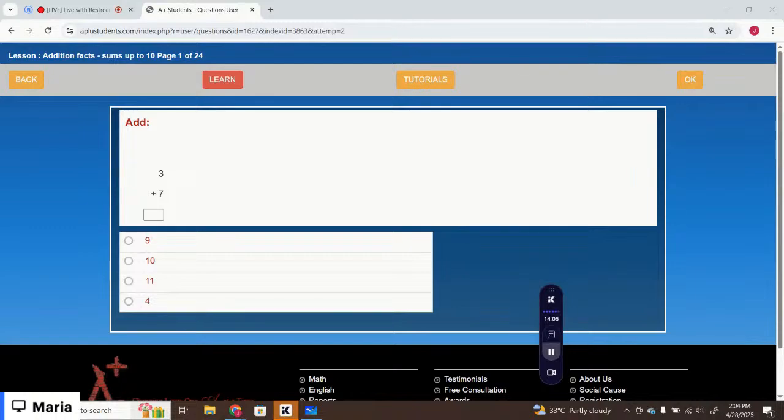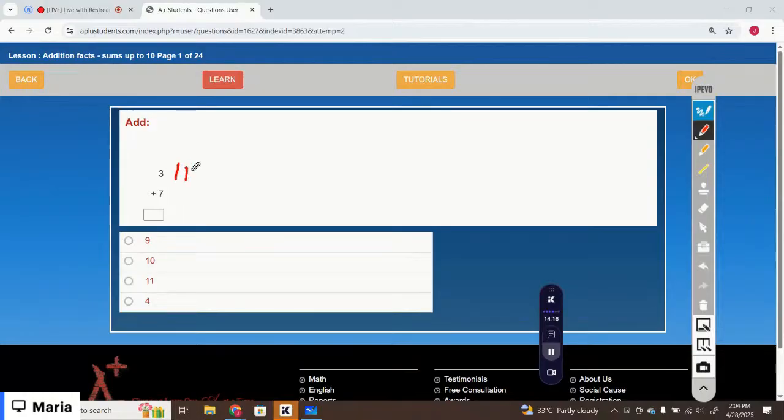Start with the greater number and count up 3: 7, 8, 9, 10. So 7 plus 3 makes 10. Option number 2 is the correct option.